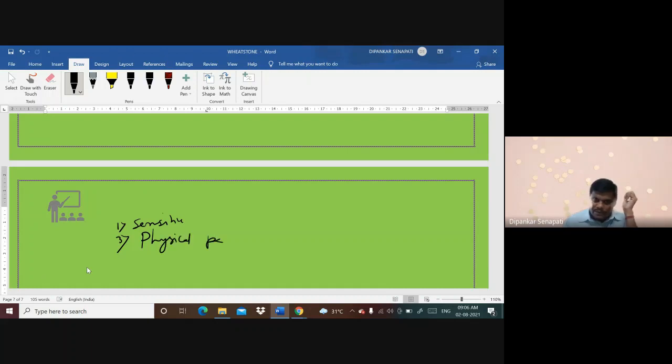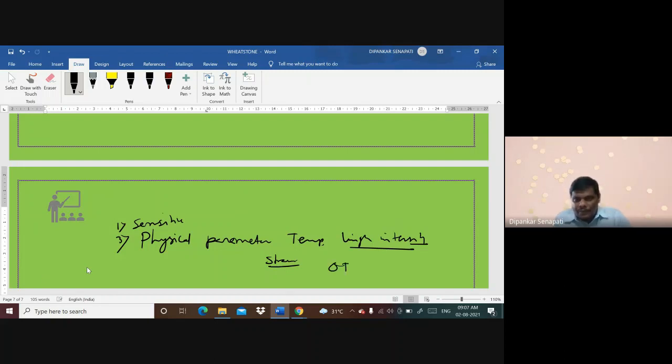Like this, it can also be used to measure physical parameters like temperature, light intensity, and strain, all those things, by using electronic devices called op amps, operational amplifiers.